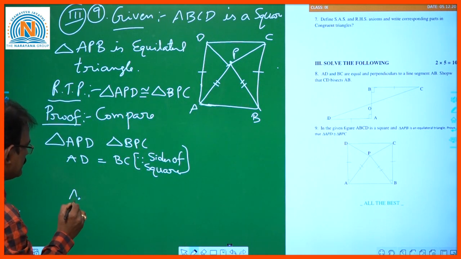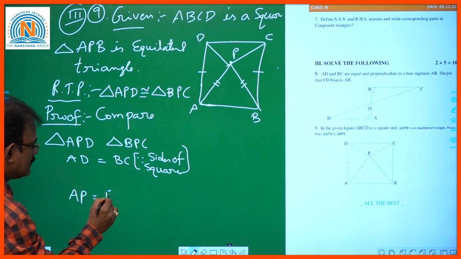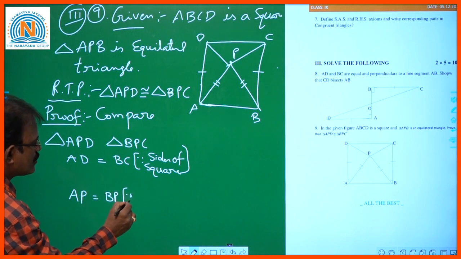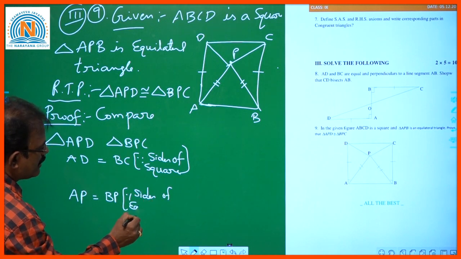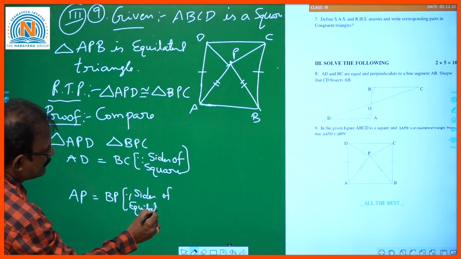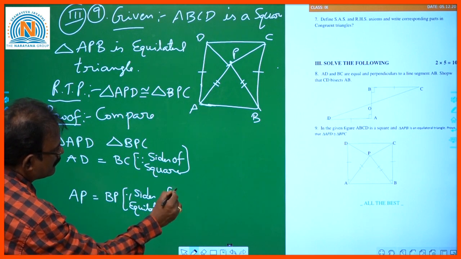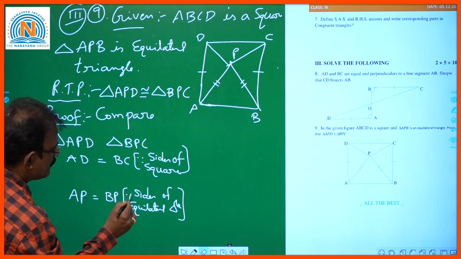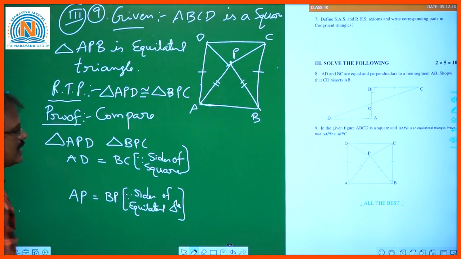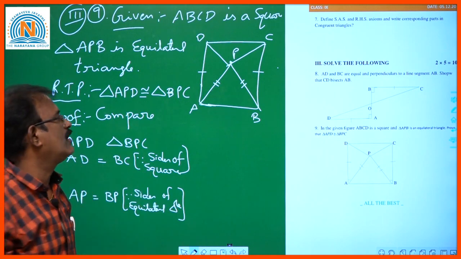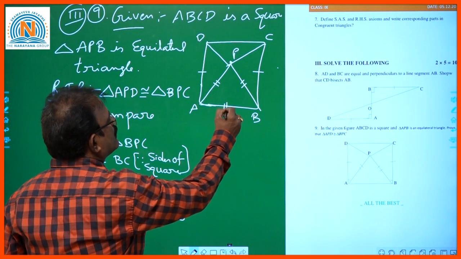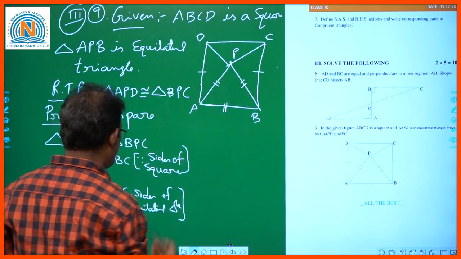Why? Because sides of equilateral triangle. We know that in an equilateral triangle all three sides are equal. So these three sides are equal.